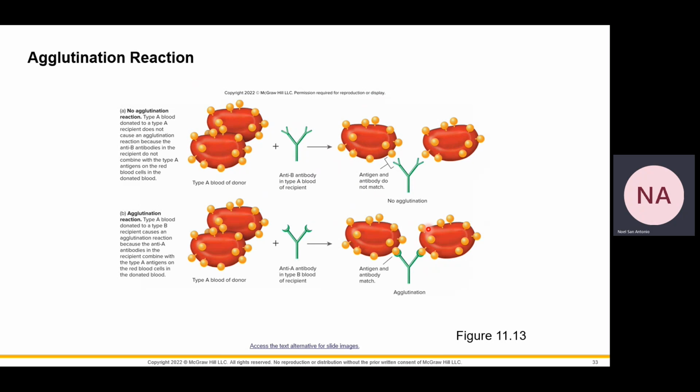So this is the agglutination reaction that I'm telling you about. Kung type A ang donor at doon sa type A na recipient, walang mangyayaring agglutination reaction because in a type A recipient, ang kanyang antibodies is anti-B.